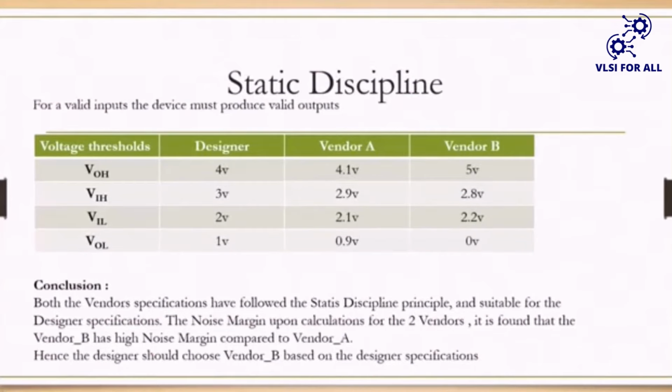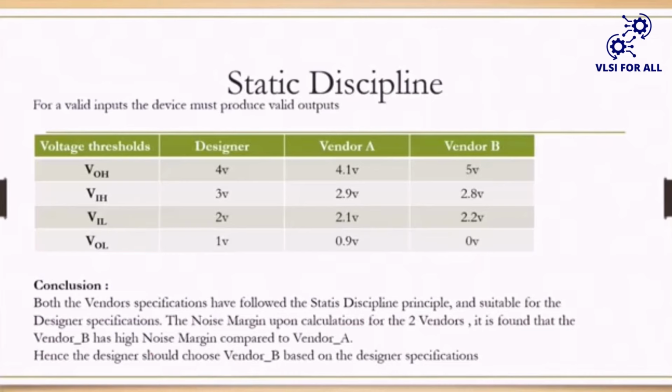Remember, guys. Now let's look at one more aspect, static discipline. Coming to static discipline, team, if you give a valid input to a particular design, it must give a valid output. This is static discipline. Remember, if you are constructing a home, you won't manufacture bricks; you'll get the bricks from an outsider, from a vendor. Similarly, when you are designing a product, some of the elements you don't manufacture.